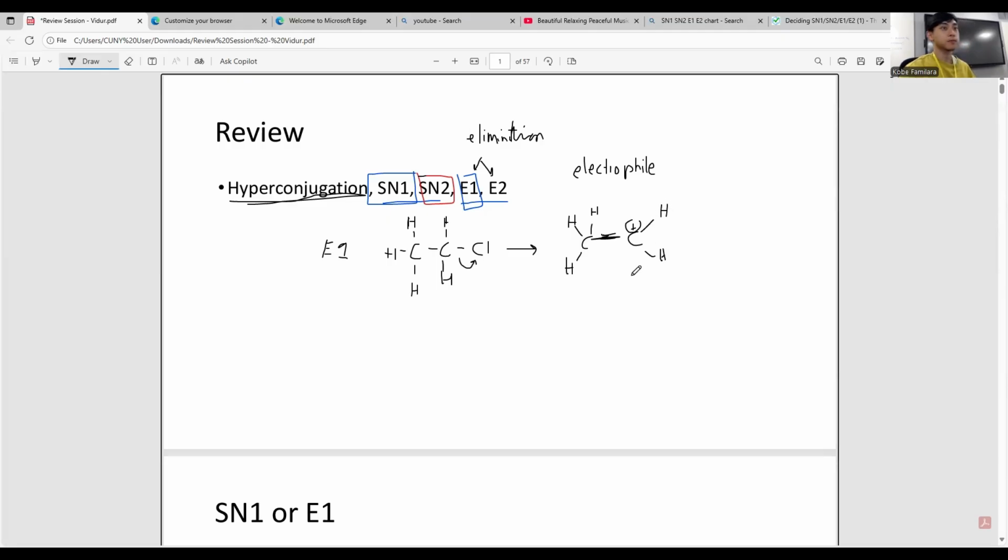And then, let's say you have hydroxide again, it will come and take a hydrogen ion. That hydrogen ion will leave its electrons to form a double bond between those two carbons, and now you have an ethylene.